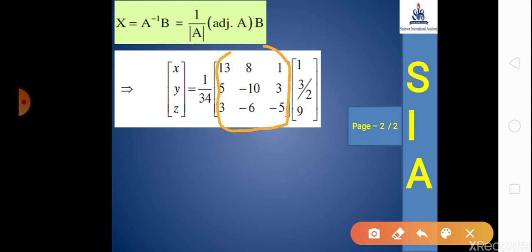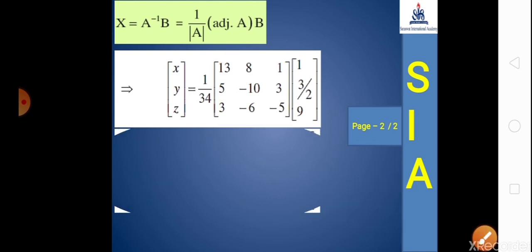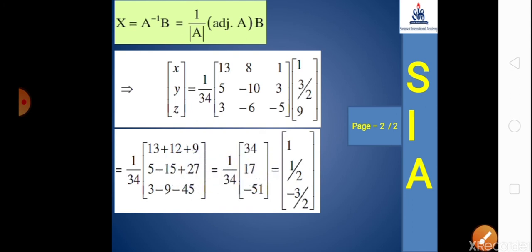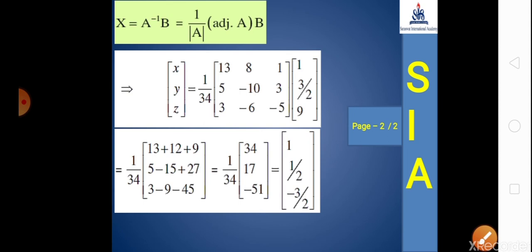Students, you calculate side by side A11 to A33. All cofactors you define, a total of 9, and after that put them in the transpose form and now apply matrix multiplication. Multiplication you know, students: row wise with column entry. If you operate it, you easily get x, y and z.